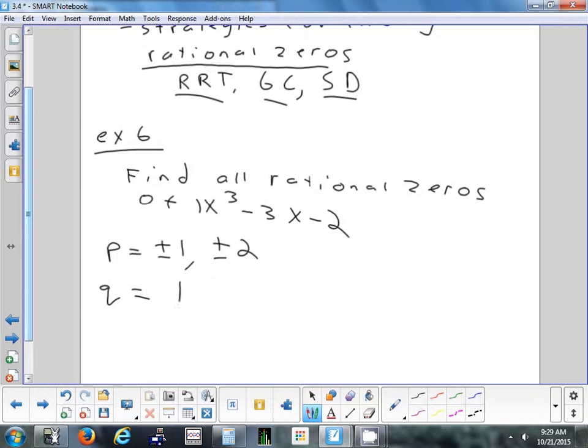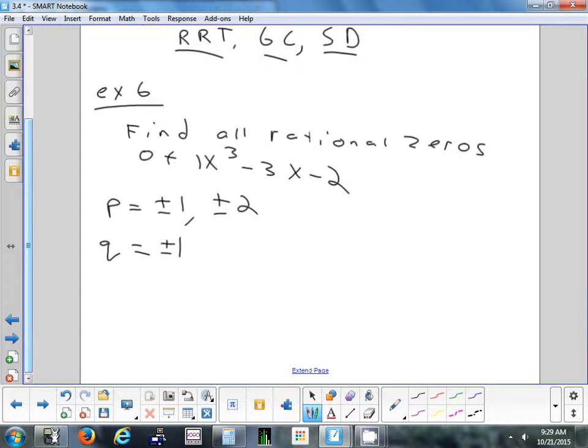Just 1 and negative 1. Now make a list of all the different p over q options you could have. What could you have? 1 over 1. What else? 2 over 1. Positive or negative. So there's 4 possible rational roots.